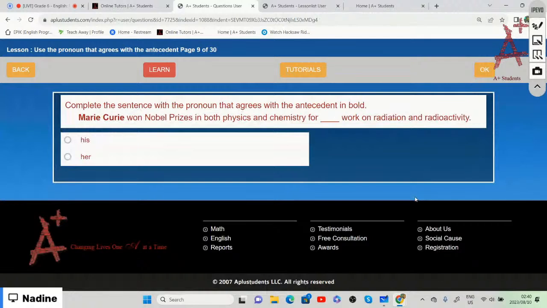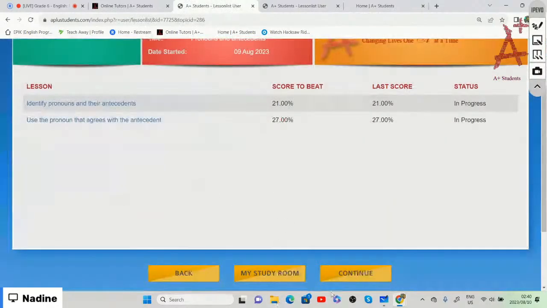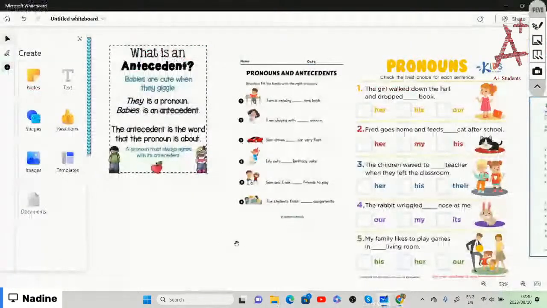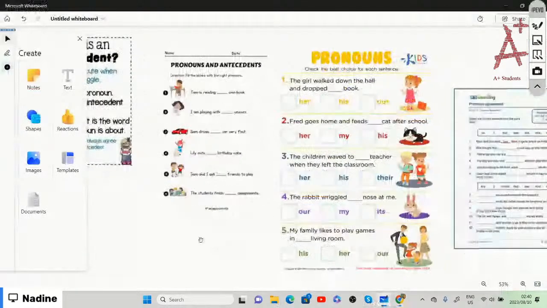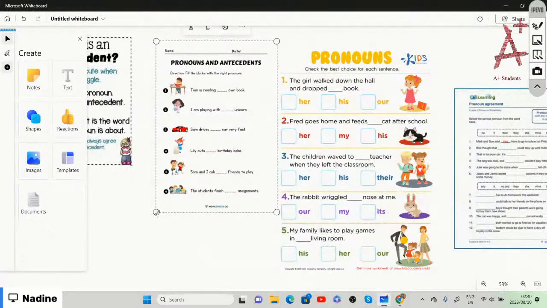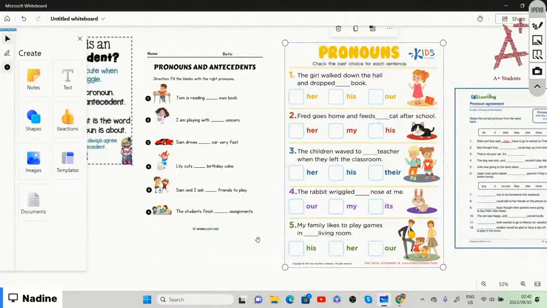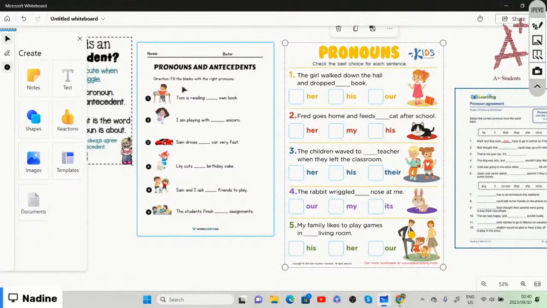All right, so now we're going to go back, and let's quickly go over here. We're going to do at least one activity before we end off. So now, we said that pronouns and antecedents, right?